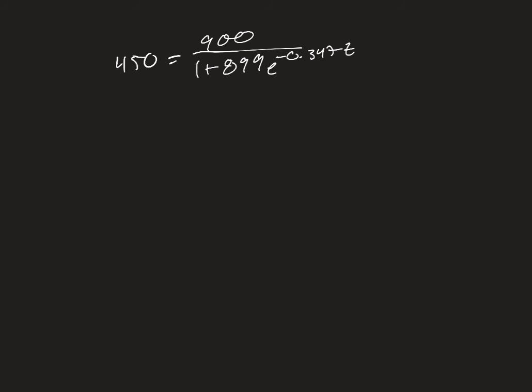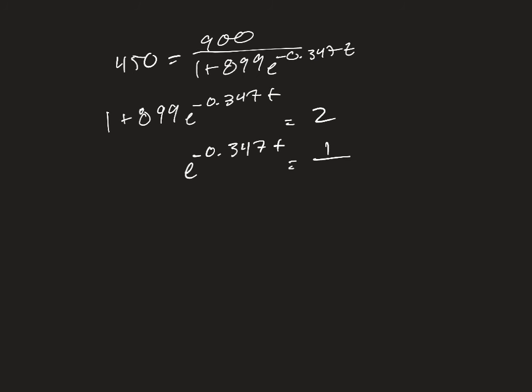So I'm going to say 1 plus 899 e to the negative 0.347 t equals 900 divided by 450, or 2. Then I subtract 1 and divide by 899. I have e to the negative 0.347 t equals 1 over 899.